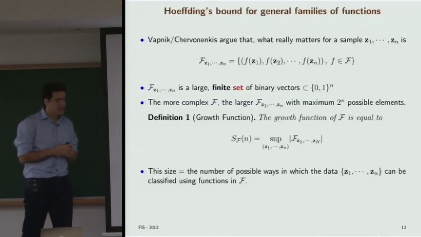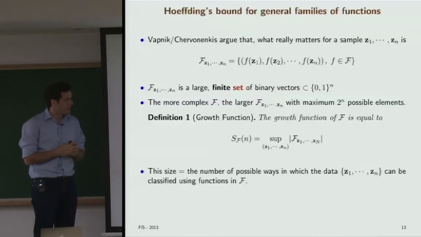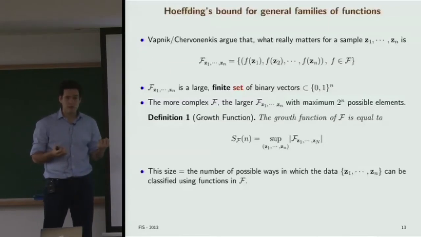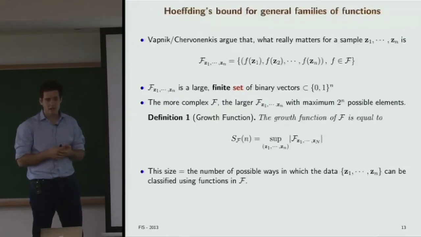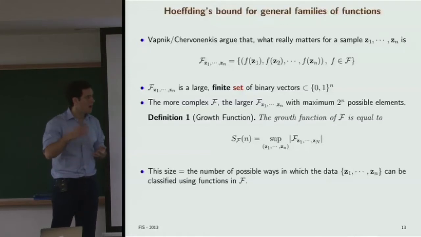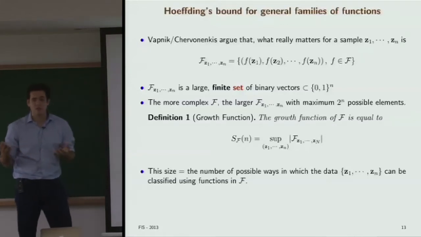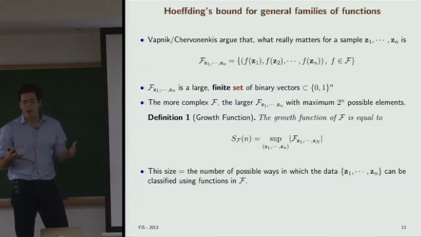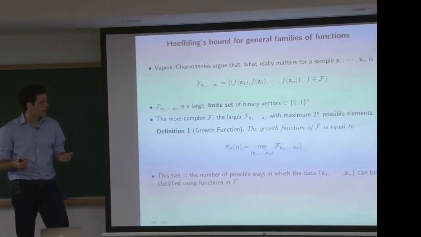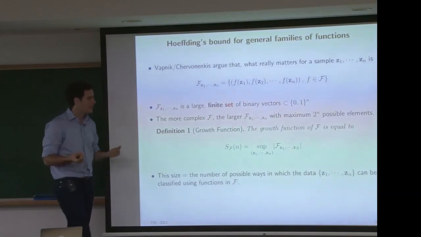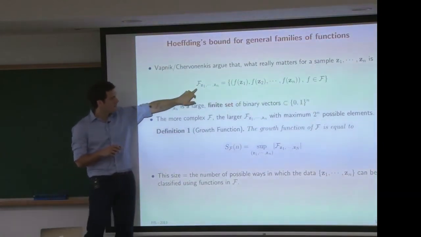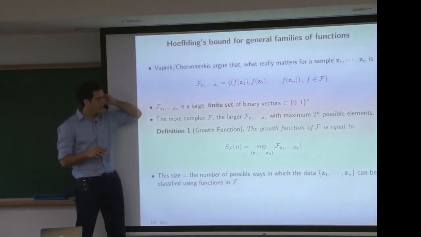So here's the idea of Vapnik and Chervonenkis. What they argue is that when you see a function, you see a sample z1 to zn, what really matters is not exactly how many functions can operate and how complex the space of functions is in itself. The only thing that matters is the values that the functions take on those points z1 to zn.